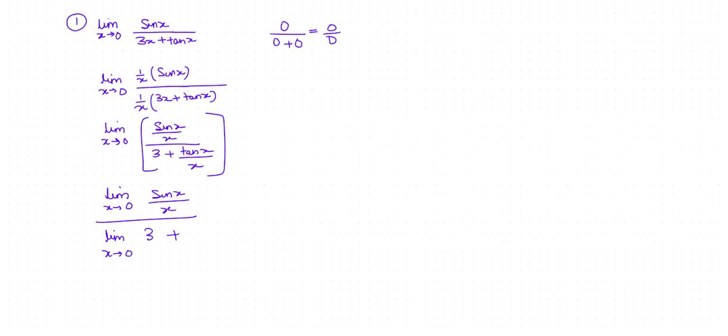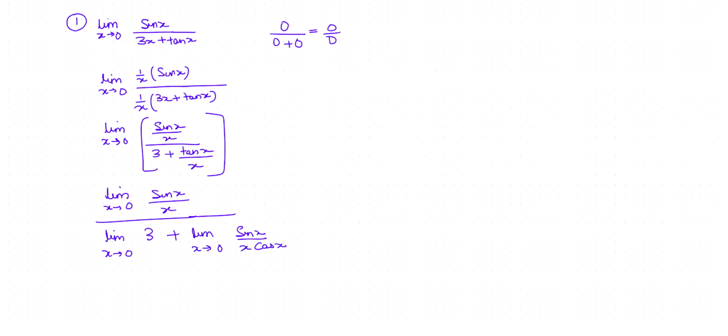So we can further change this tangent x to sine x over cos x. So this gives limit x tends to 0. Tangent x is sine x over cos x. So we can write it like this, sine x over x cos x.